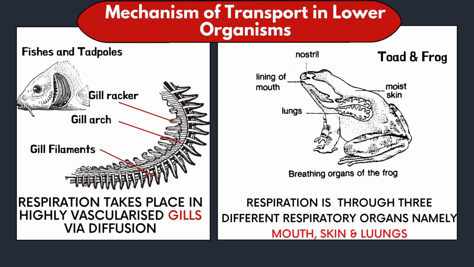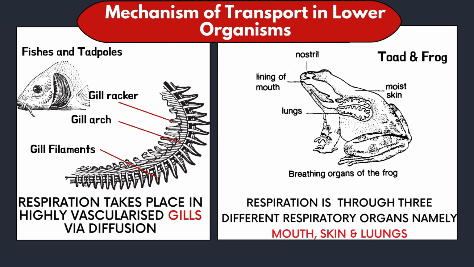Mouth or buccal respiration. The toad is capable of respiring through the mouth when it is on land. The buccal cavity, that is the mouth, is able to serve as an efficient respiratory organ because it has a very large surface area, a thin mucous membrane for easy diffusion, and it is well supplied with blood capillaries.